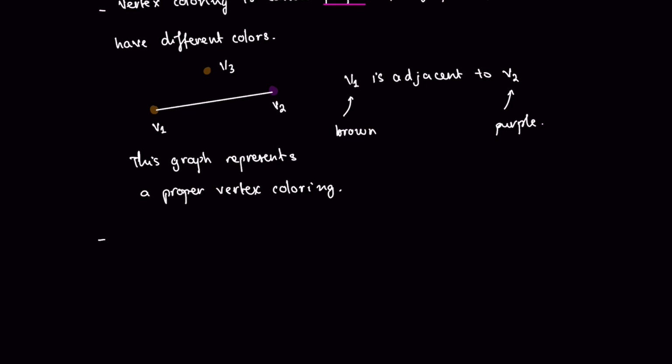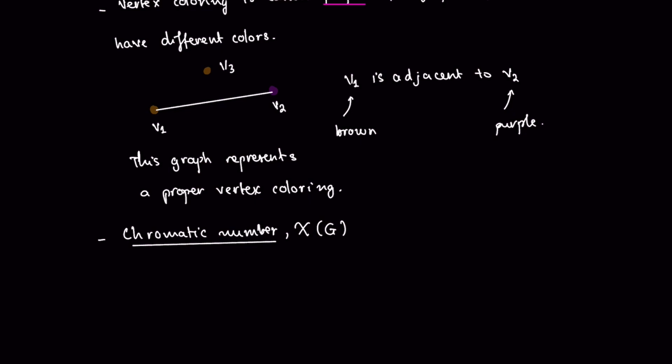The number of colors that we use in the graph coloring is called the chromatic number, and is denoted as χ(G), or chi in the Greek letter.